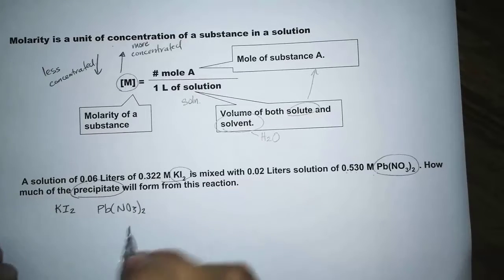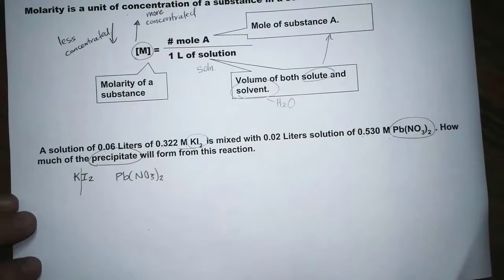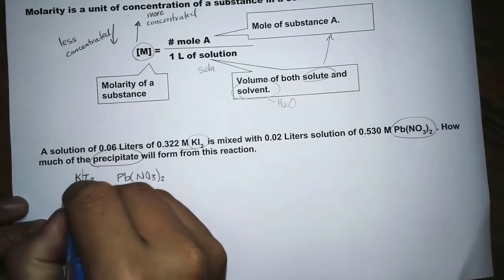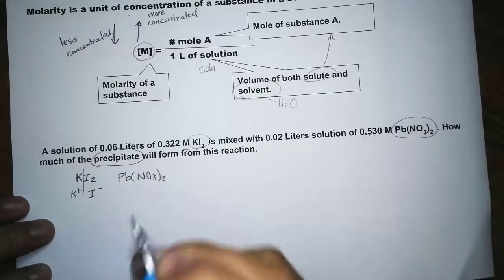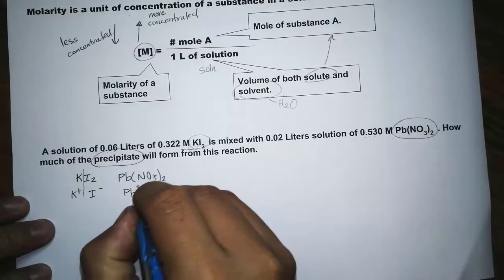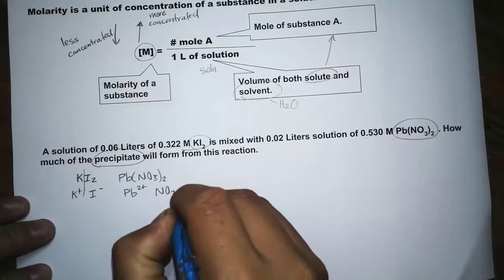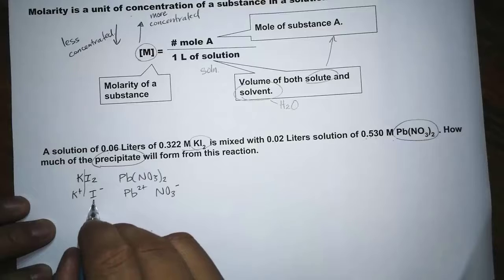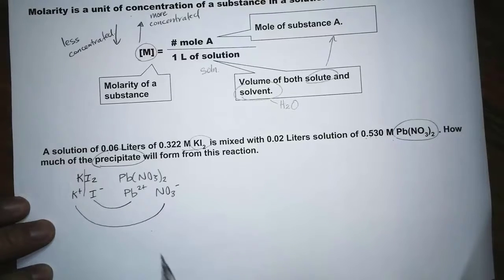We have to apply the solubility rules to determine what precipitate we are going to make. So we determine the ions first: Pb2+ and NO3-, and of course we exchange ions.